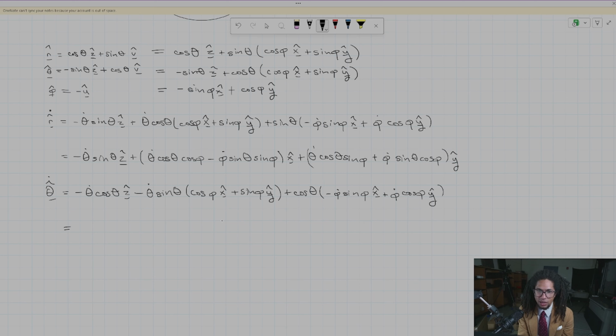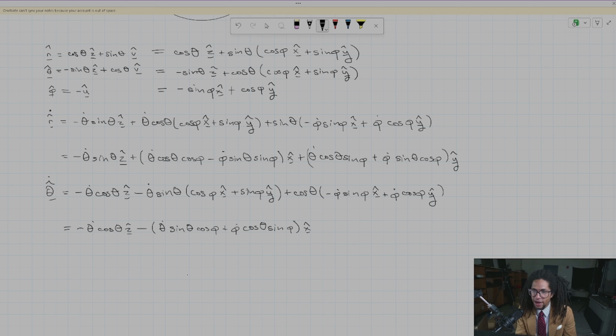Great, and then let's do the same grouping of terms that we did last time. All right, and then for the x hat component, we have two minus signs, so we'll just pull a minus out overall. We get minus, theta dot sine theta cos phi plus phi dot cos theta sine phi in the x hat direction.